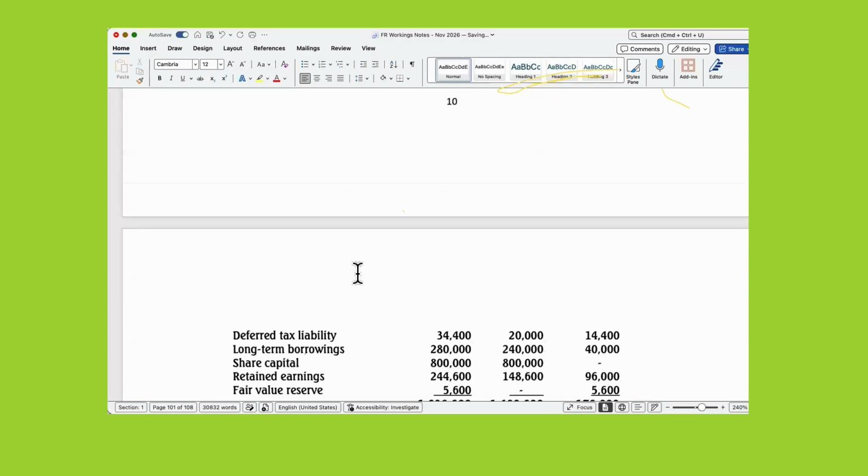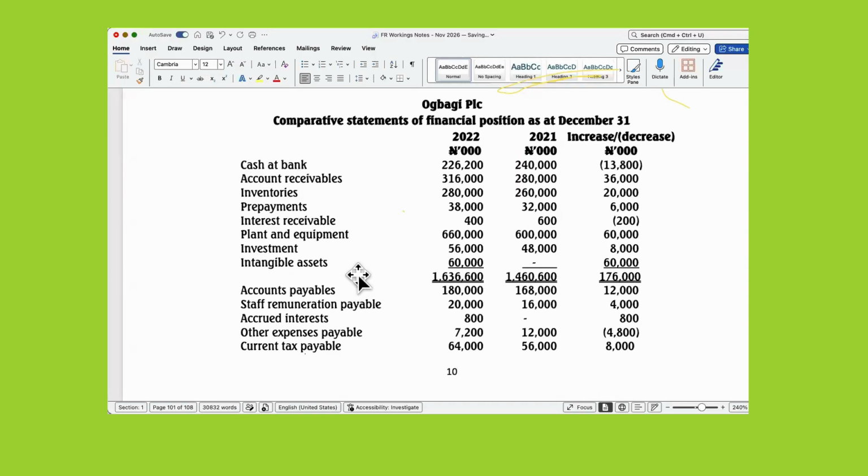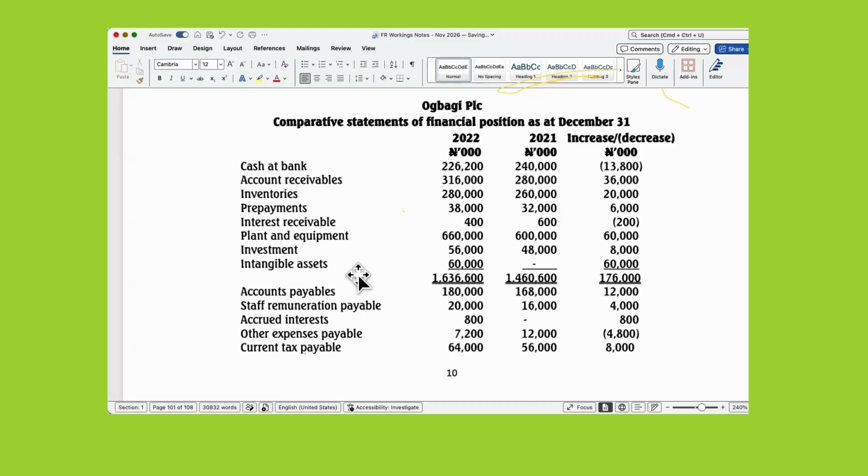The other items for my investing activities, I will get all of them from the asset portion of my statement of financial position. The first item in this asset part is cash at bank. Cash at bank is cash itself, so I don't need to adjust for that because the balance itself is cash. That's what I'll get as balancing figure.